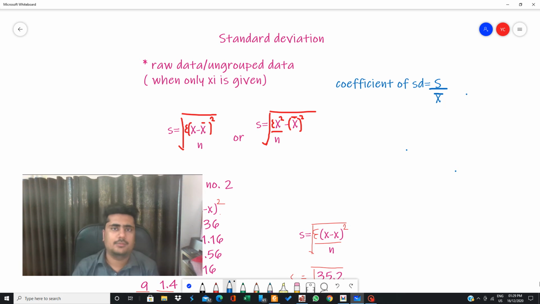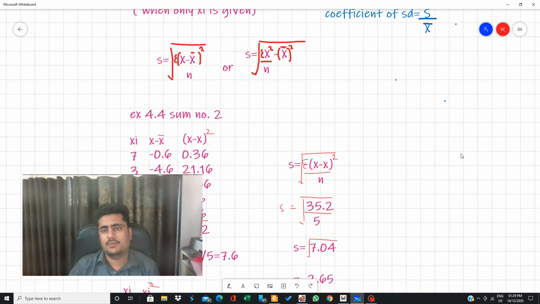Just see, when you are finding standard deviation, you have to find the mean. So you have both the things, mean and standard deviation. Just divide it and you get the coefficient of standard deviation. There is nothing more to it.